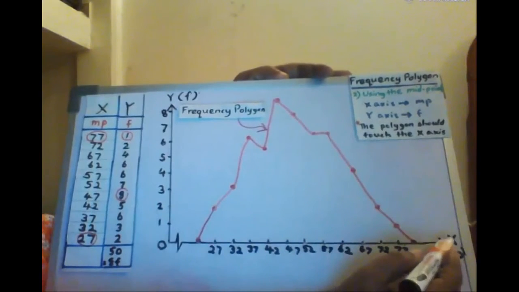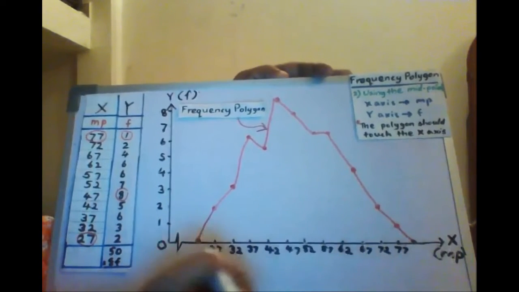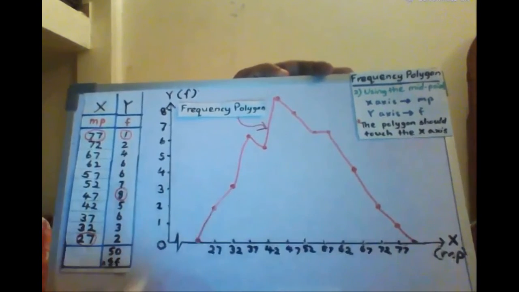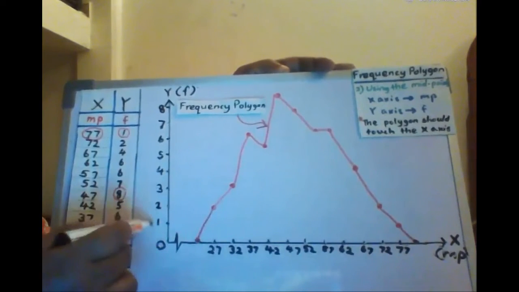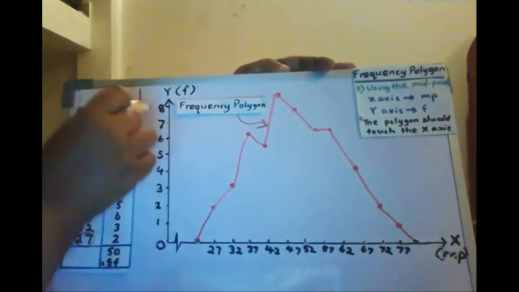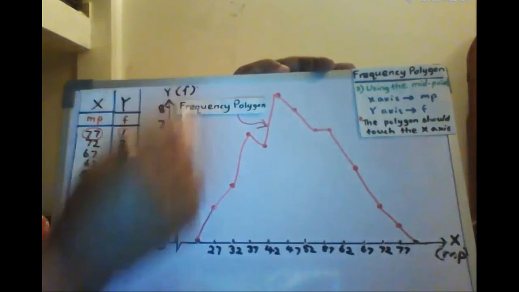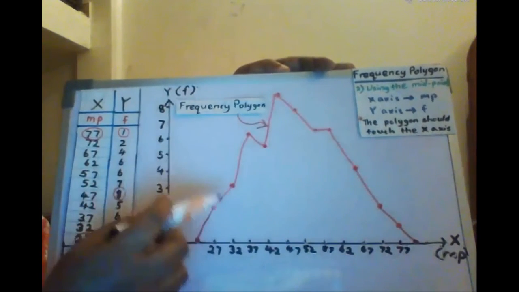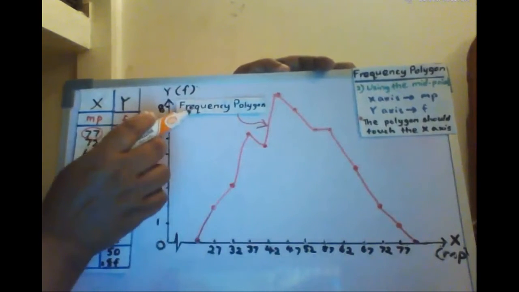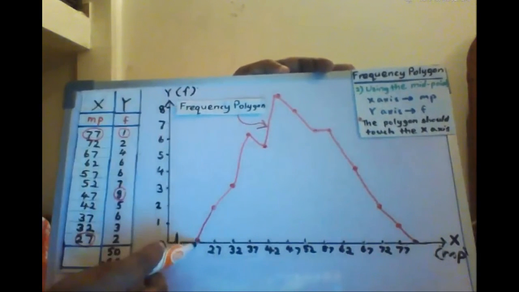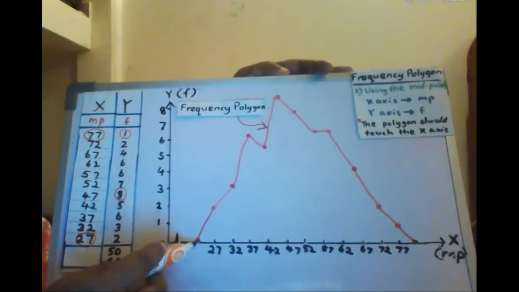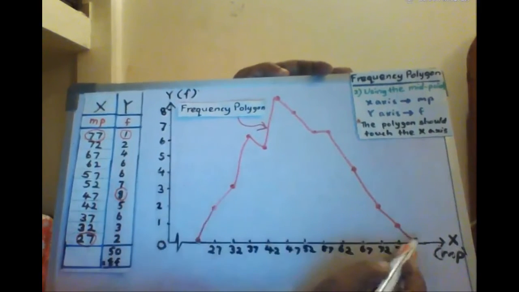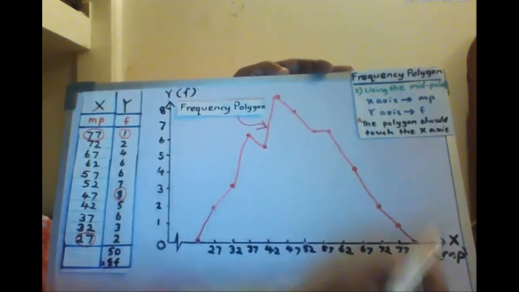So naming the axis, 1, 2, correct scaling the axis, 3, 4, scaling this one, 5, 6, 7, drawing the graph, 8, naming the graph, 9, and how you touch the x-axis, this corner, 10, and this corner, 11.